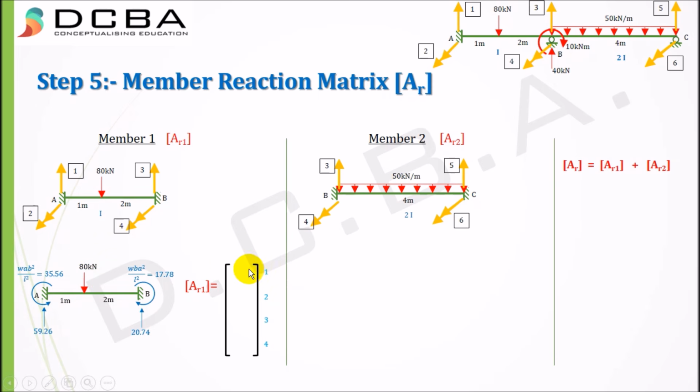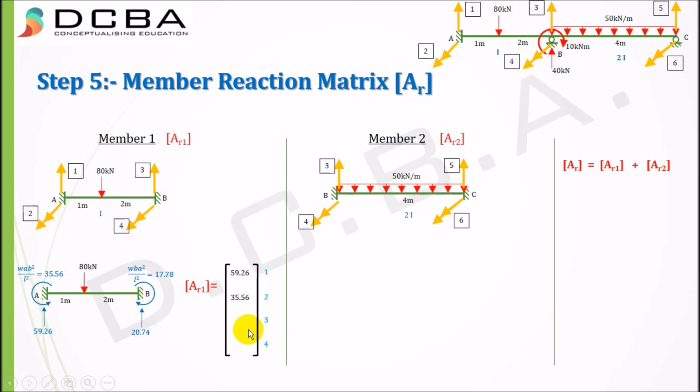So in the direction of 1, it is 59.26, and both the directions are the same, therefore it is plus 59.26. Then 2 is a moment, and this moment is also anti-clockwise. Our positive moment is also anti-clockwise, hence it conforms, therefore it is plus 35.56.